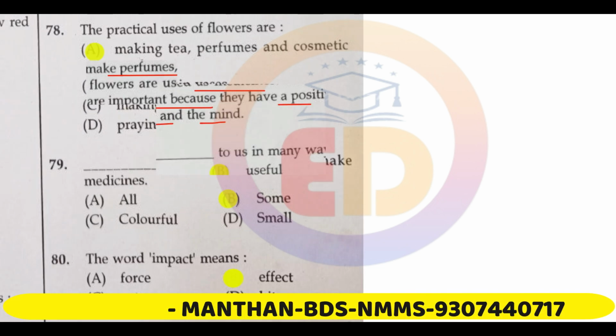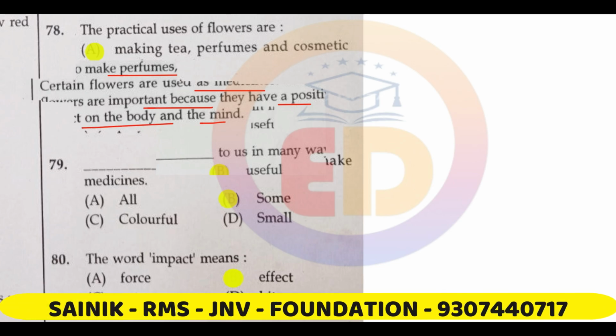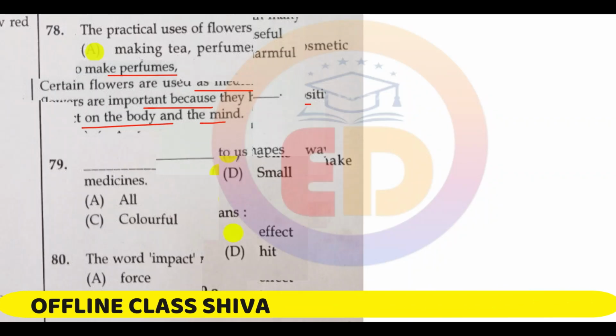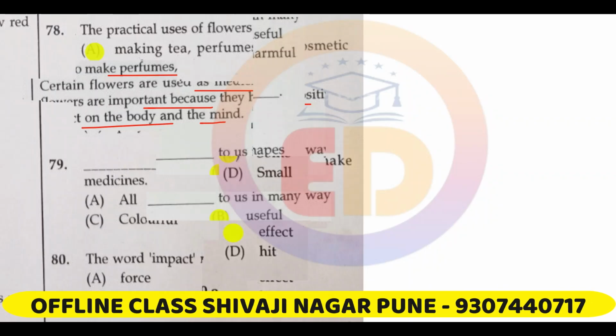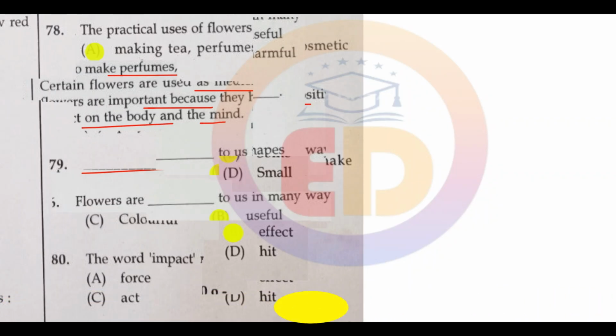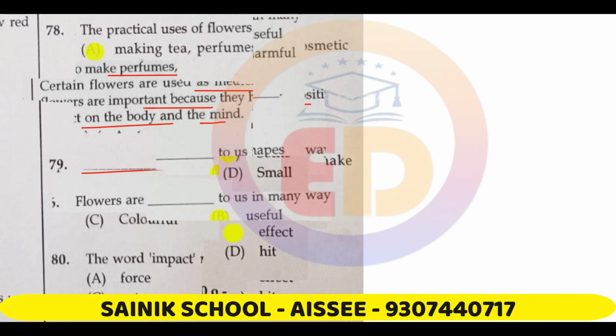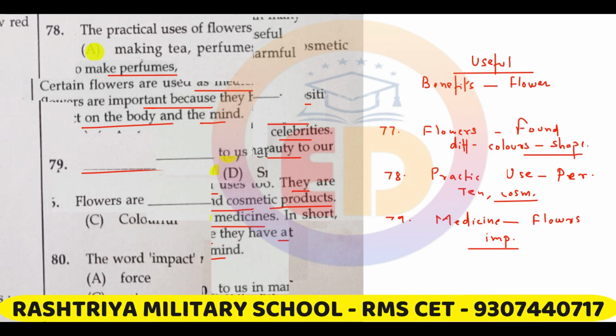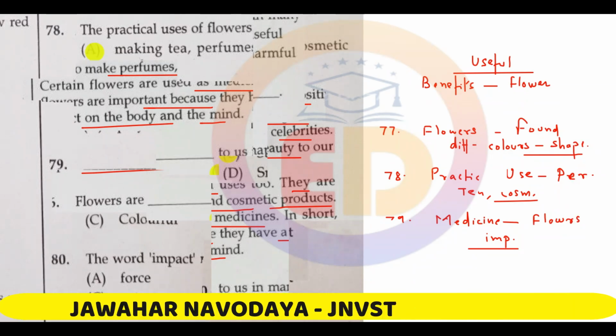It is mentioned here. Certain flowers means some flowers. And finally impact means its effect on our mind and our body is mentioned. So all the questions are completed. So you see how beneficial this technique is, which we had mentioned and practiced a lot, underlining the keyword and then reading the passage, 100% of the time it gives the right answer.